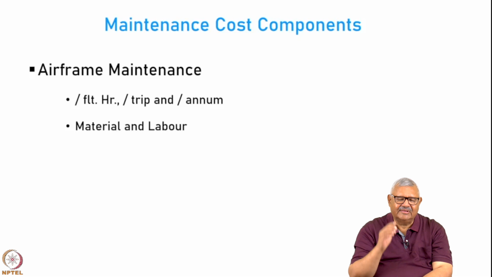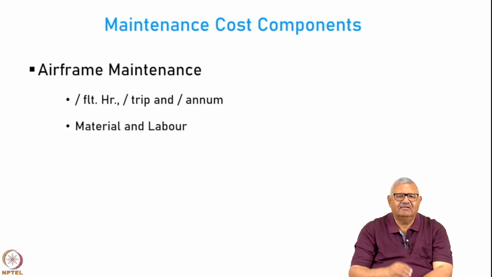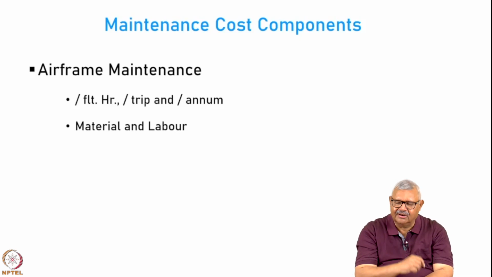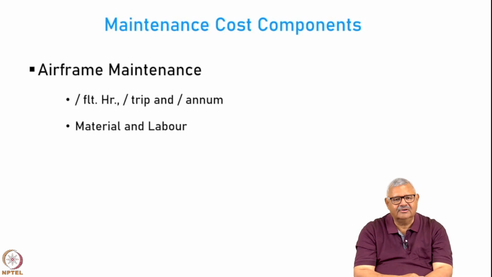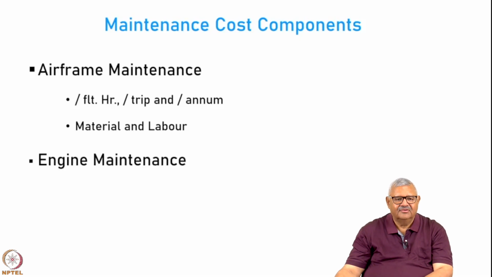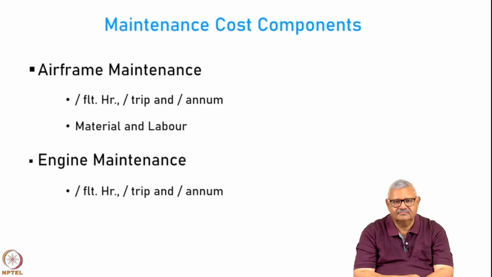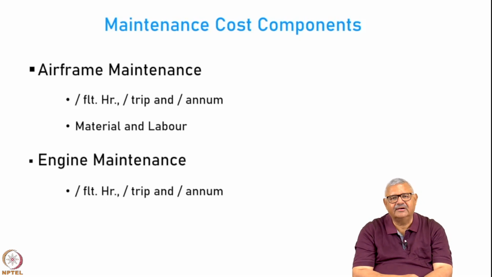Similarly, the expenses can be towards material or towards labor, because when we maintain the aircraft we have to change some parts, so there is a material cost, and to change the parts we need trained and skilled manpower, maybe licensed manpower, so therefore there is some labor charge per man hour rate. Similarly, you have the engine maintenance, where again you have some expenses which are per flight hour, some expenses which are per trip and some expenses which are per annum.